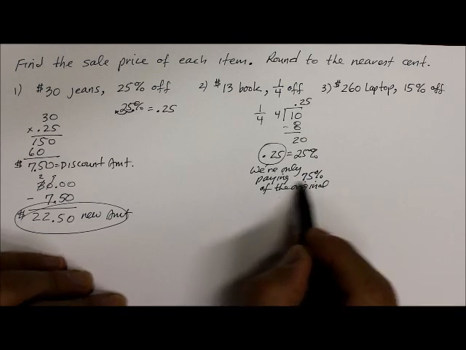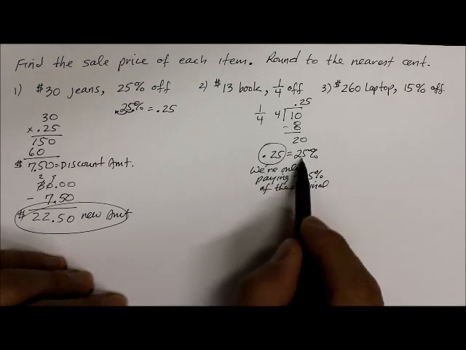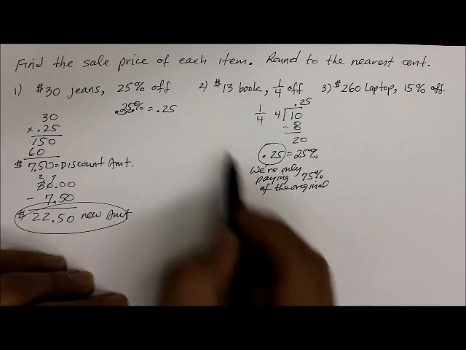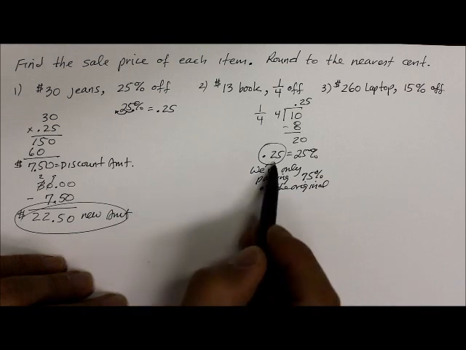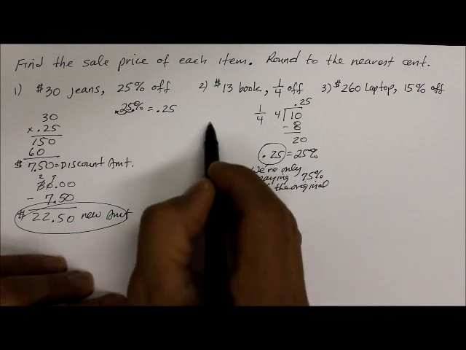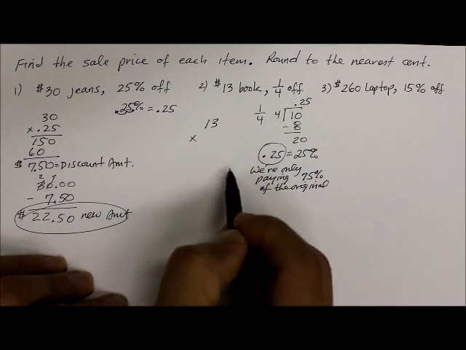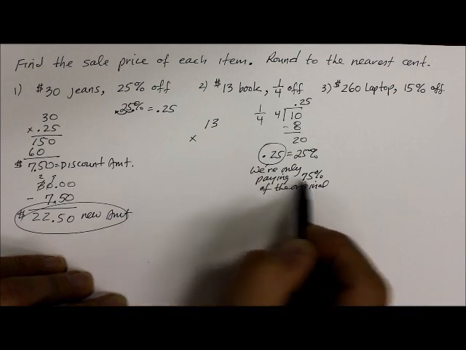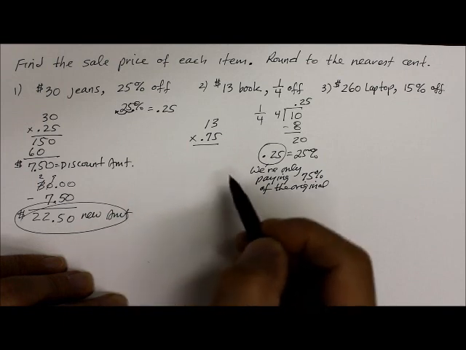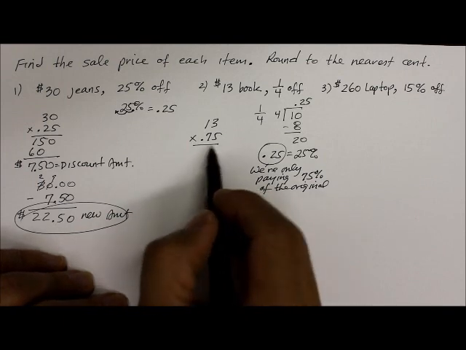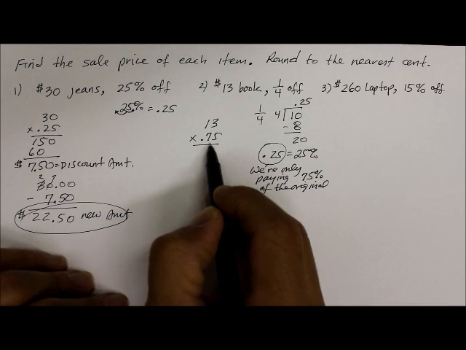We're only paying 75% since we're taking out 25%. So we don't have to determine the discount and subtract it, which is a 2-step. We could just simply go $13 times, and we're only going to pay 75%, so multiply by 0.75. And that'll give us the actual amount. I know it's a bigger number, but once you get used to it, it'll get easier.